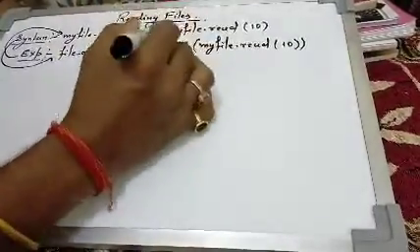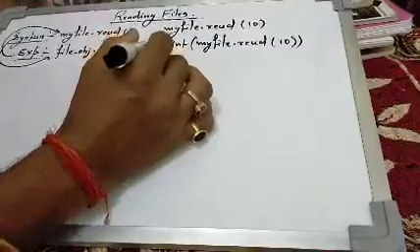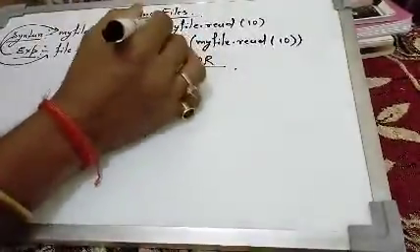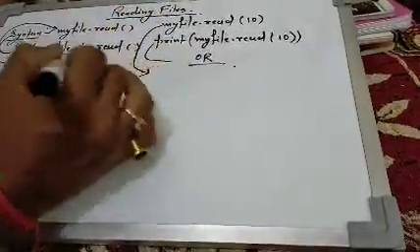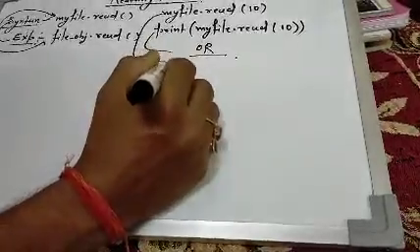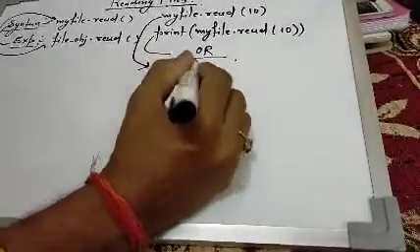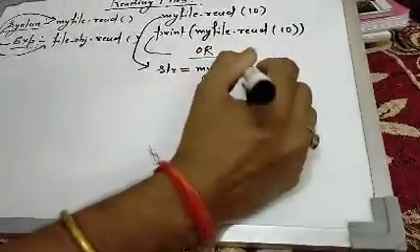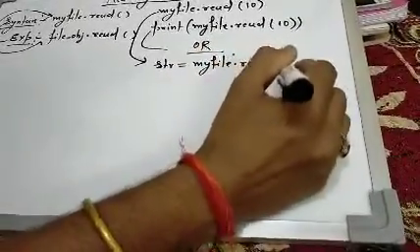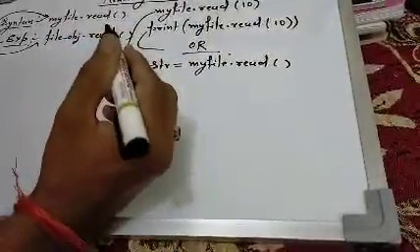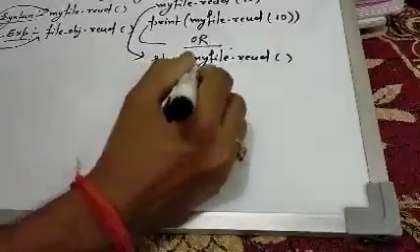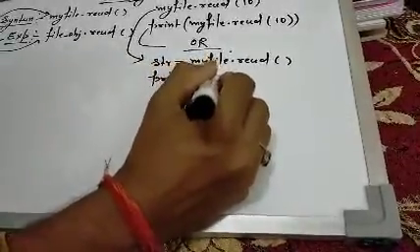This can also be done by assigning the result to a string variable, such as str is equal to my file dot read, and now you can print the value of str.